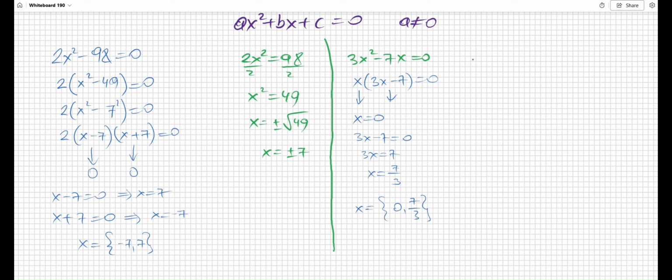Now, another method. I've seen a lot of students in the past doing this, but if you go this route, you might miss one of the roots. So students move the 7x to the other side, and then they simplify x from both sides. That leads to 3x is equal to 7, and then x is equal to 7 over 3.